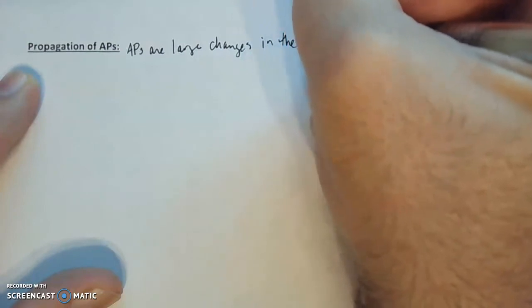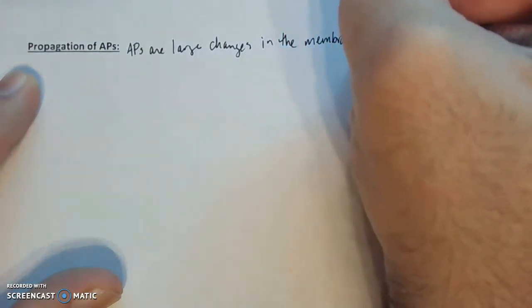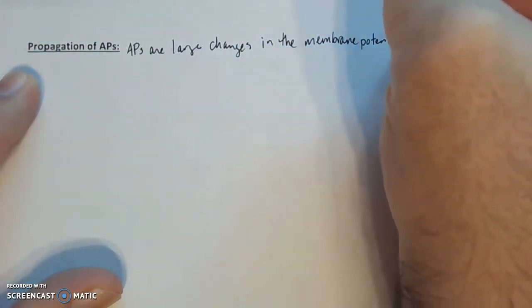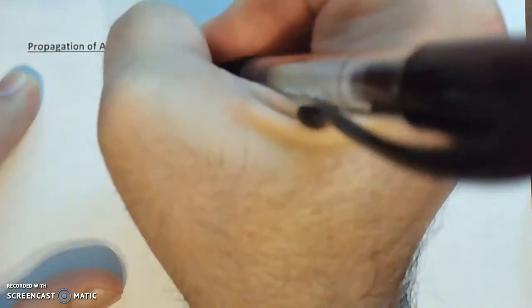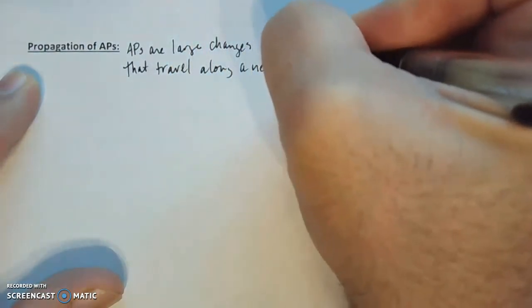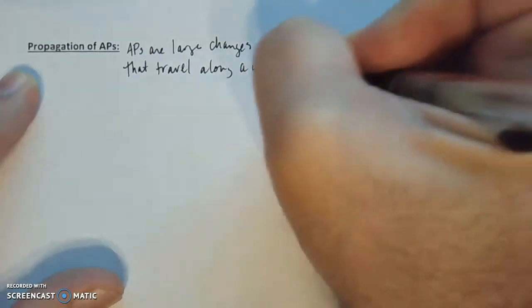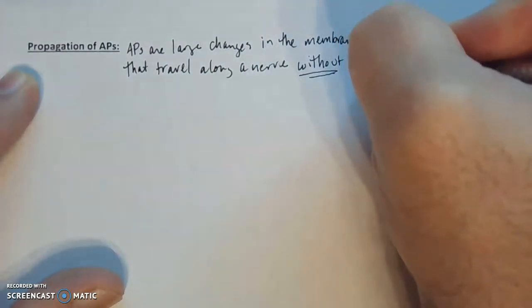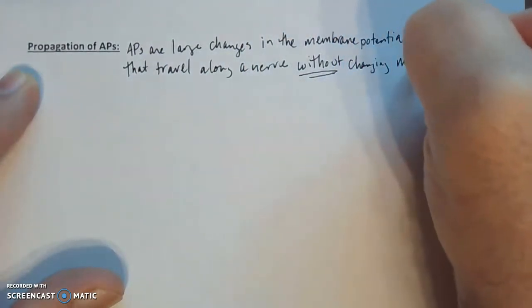in the membrane potential that travel along a nerve, and this is the key, without changing magnitude.